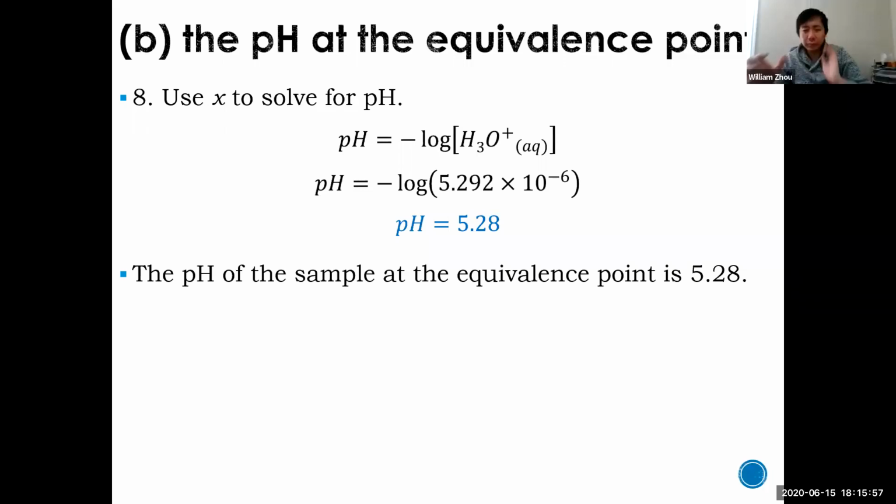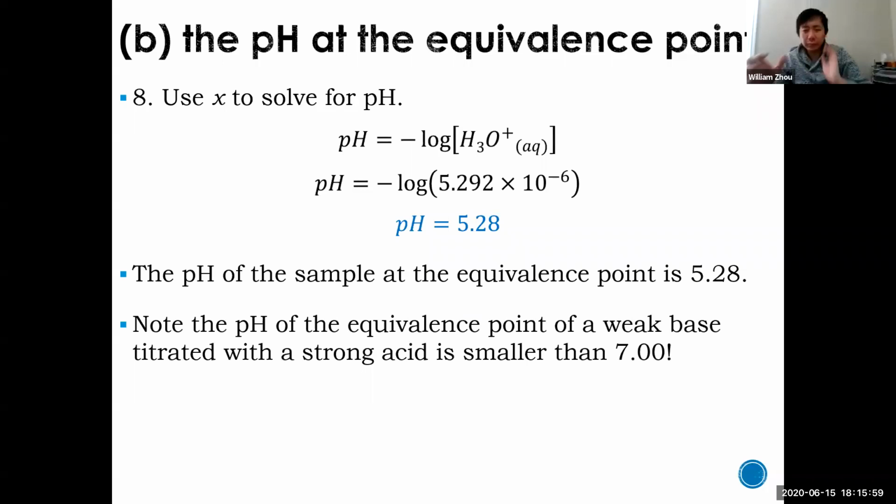It is slightly acidic. In fact, all of the pHs at the equivalence point for weak-base strong acid titrations are going to be acidic, smaller than 7, for the same reason as mentioned earlier. If you have a weak base, when that reacts, it produces a weak acid, which will produce H3O at equilibrium, and the hydronium produced will make the whole thing acidic.